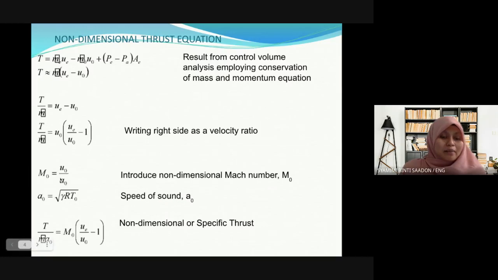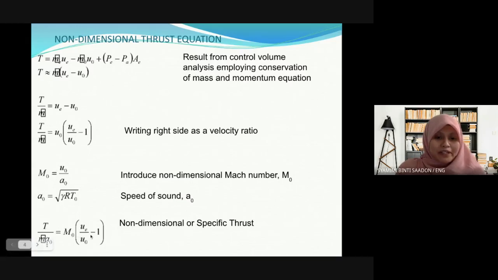The Mach number is the velocity of the air over the speed of sound. The speed of sound A, or sometimes we call it C, is the square root of gamma times the constant R and T. This one you already know from aerodynamics. To introduce the Mach number, that's why we factorize like this.